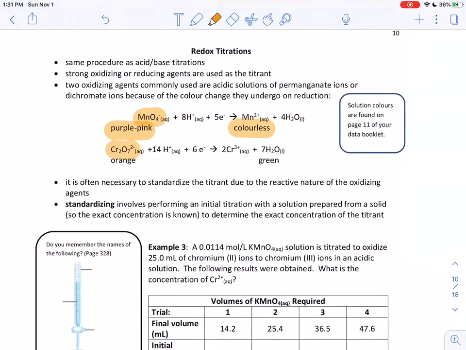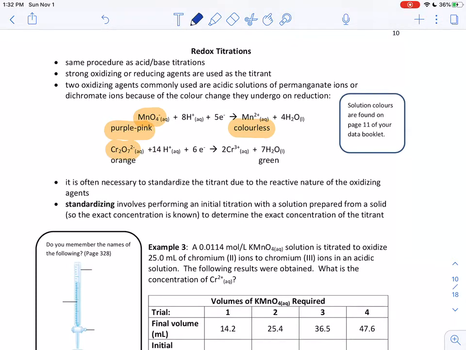A couple of other things here. It's often necessary to standardize the titrant, and standardization means that you have done an earlier titration to figure out the true concentration of your titrant.